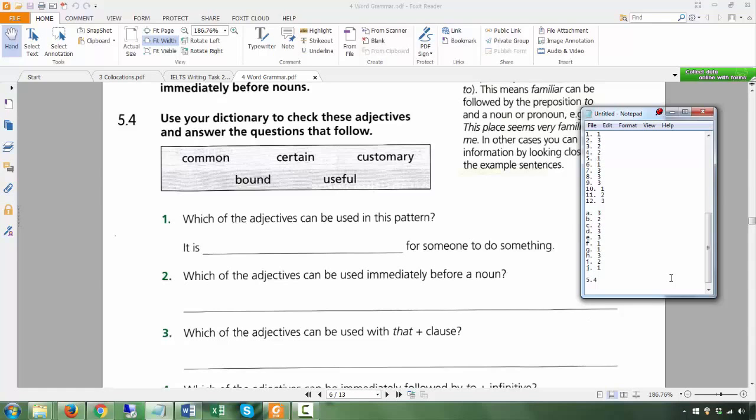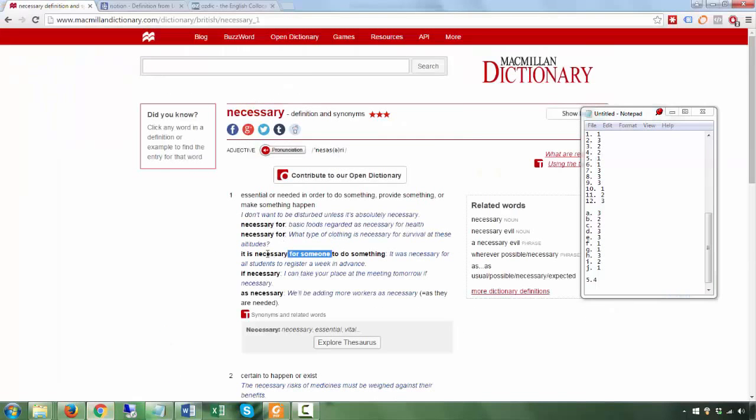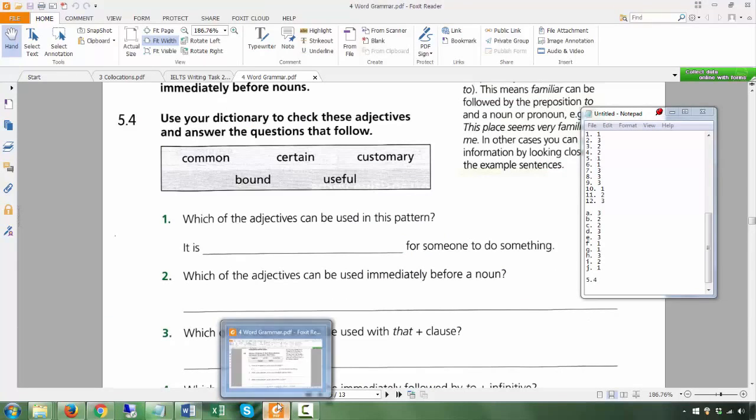It is plus adjective for someone to do something. Just now we saw it, right? Necessary. So this has this pattern. Okay, so the question is, out of all these 5 words here, which one can actually be used in that pattern, right?